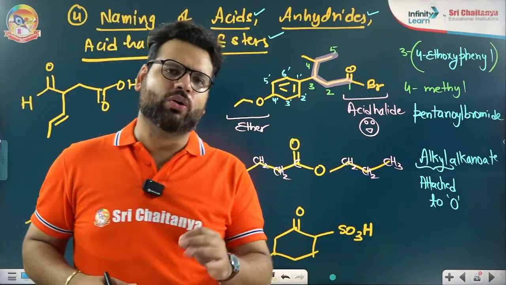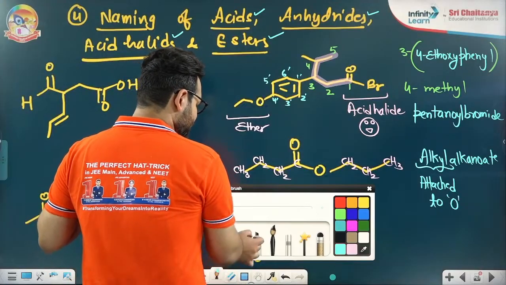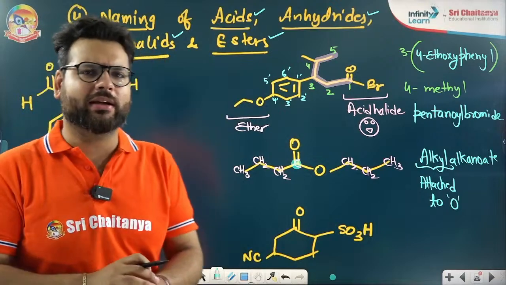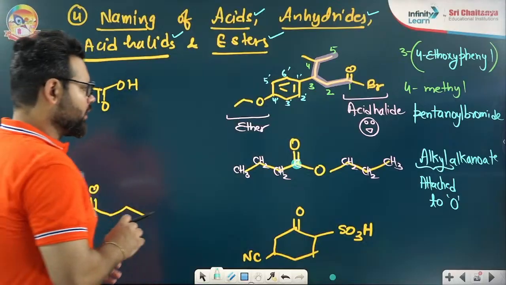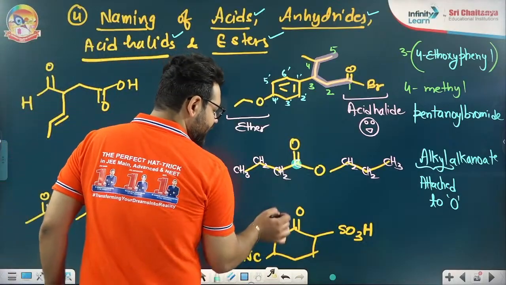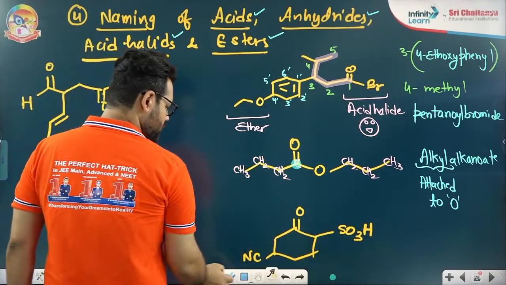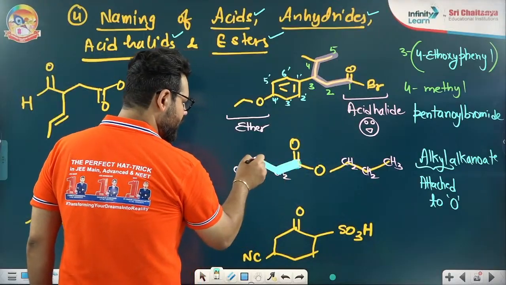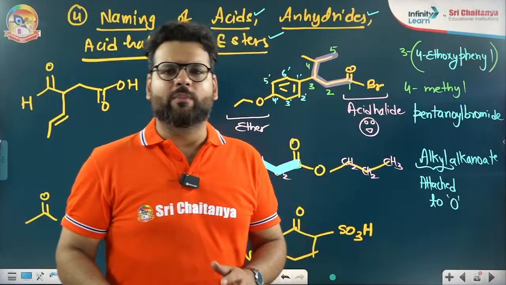So in this ester, first of all, I'll choose the parent chain. The carbon carrying the ester, the most important functional group, must be taken. So 1, 2, 3, 4, a 4 carbon parent chain. So it's a butanoate.